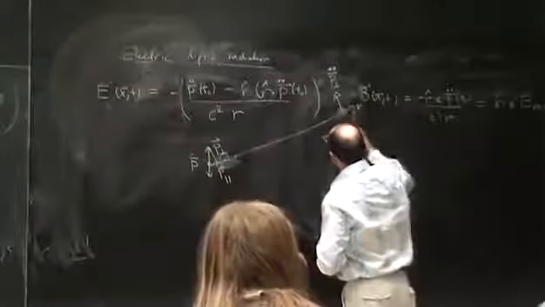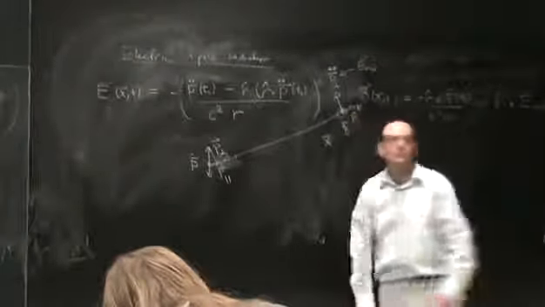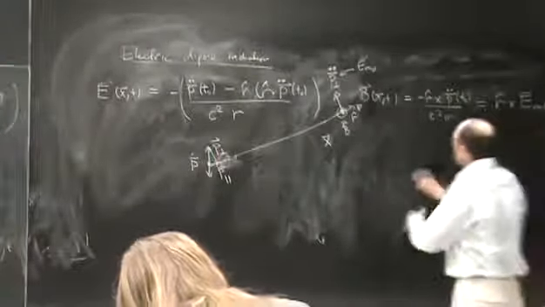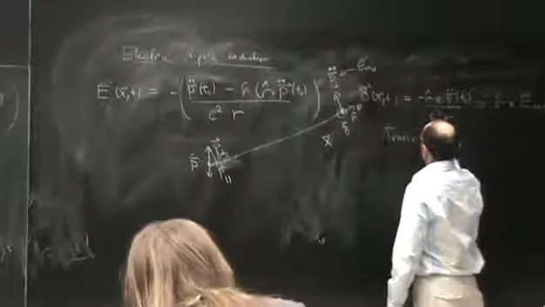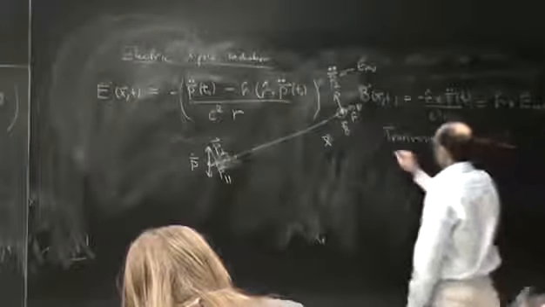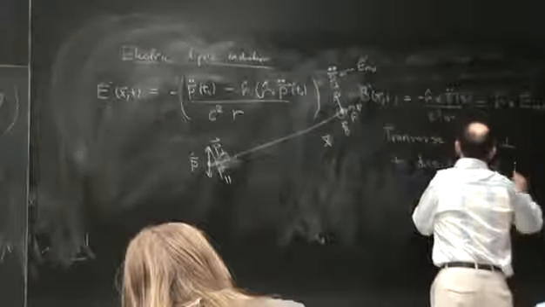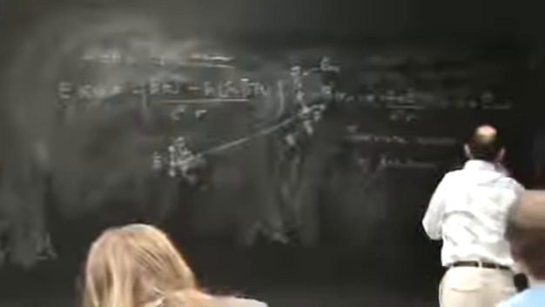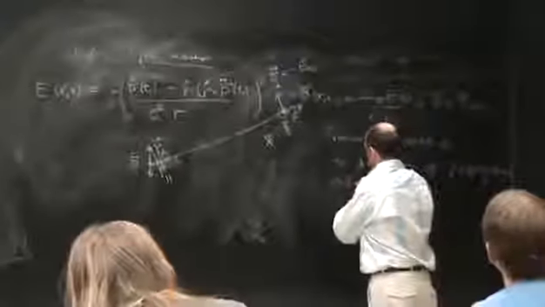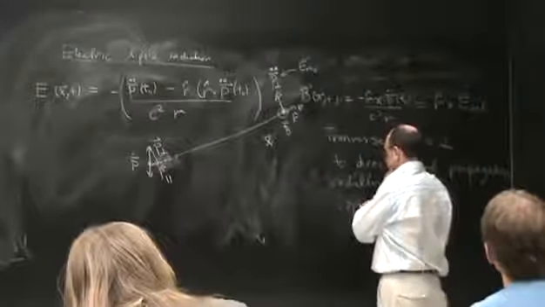So the magnetic field here, this is E, and this is B. So these are transverse waves, perpendicular to the direction of propagation, radially outward. They're spherical waves.